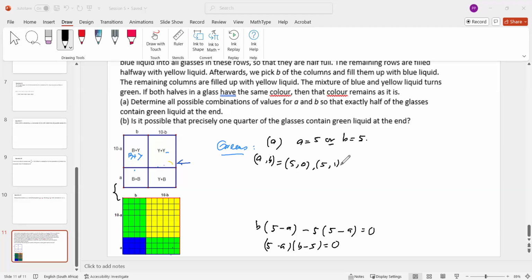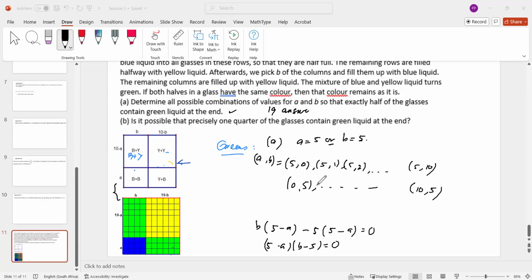Or B could be 1, or B could be 2, all the way up to B being 10. And if B is 5, then A could be 0, all the way up to 10, 5. So 10 plus 10 is 20. Actually, you get 19 here because 5, 5 occurs twice. So there are 19 possible combinations for this, 19 answers.